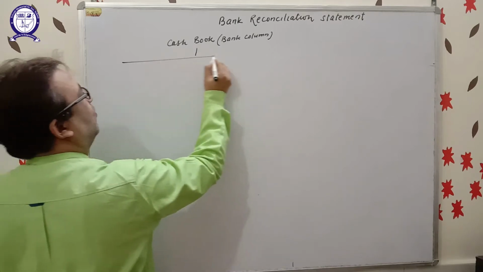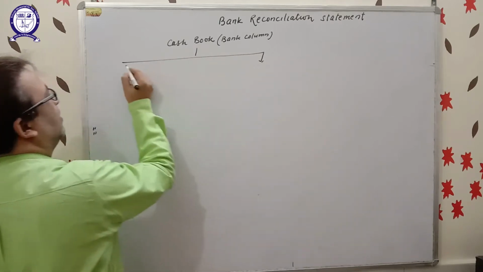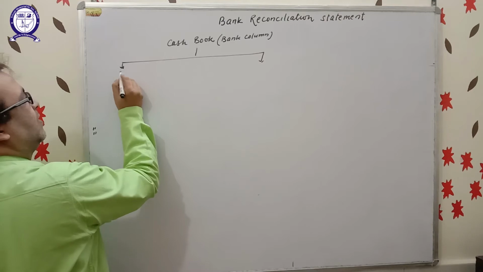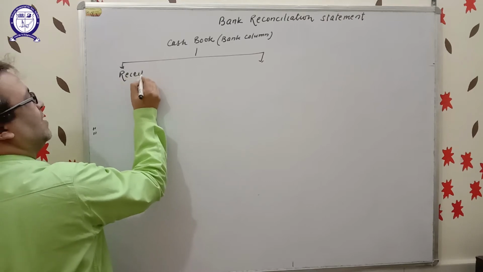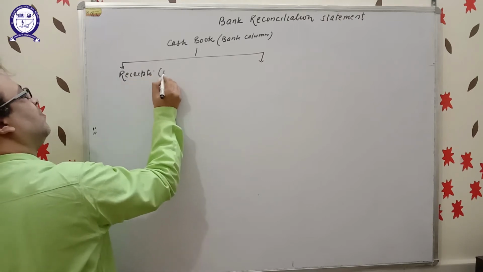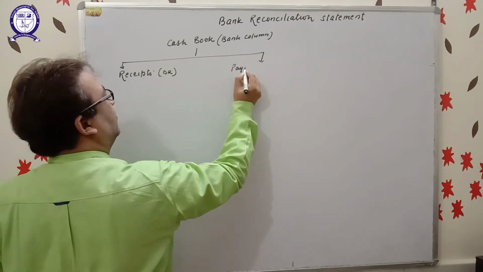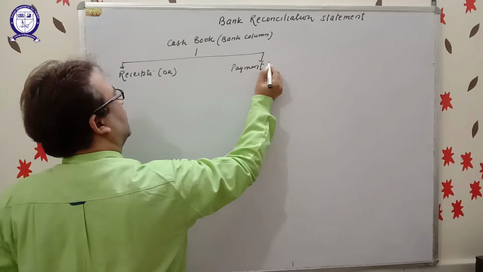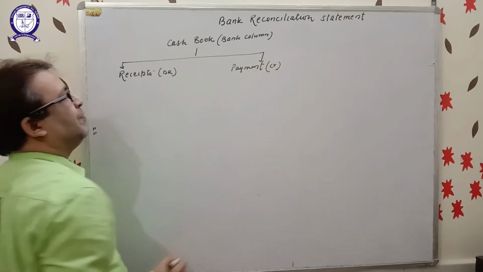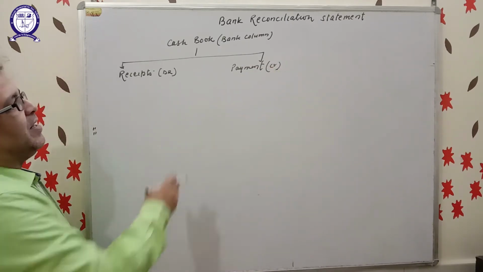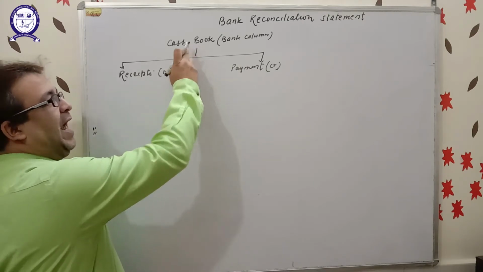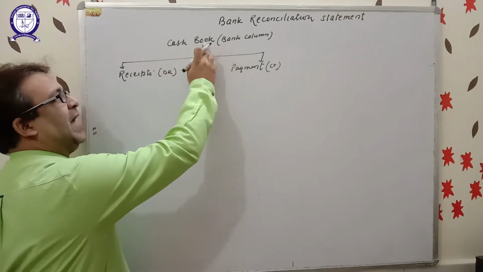Two sides of the cash book are there. Number one, the debit side, that is also known as the receipt side. And the second one is the payment side, credit side.